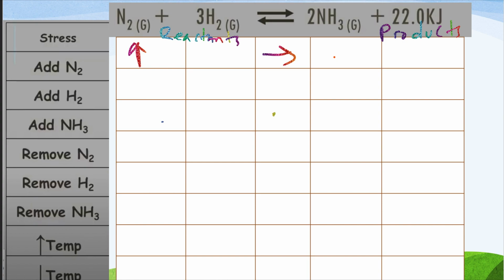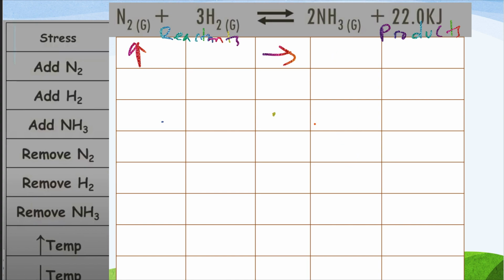That means that the concentration increases on this side. I'm going to write C for concentration. You guys get the point though. Concentration is going to increase on this side.